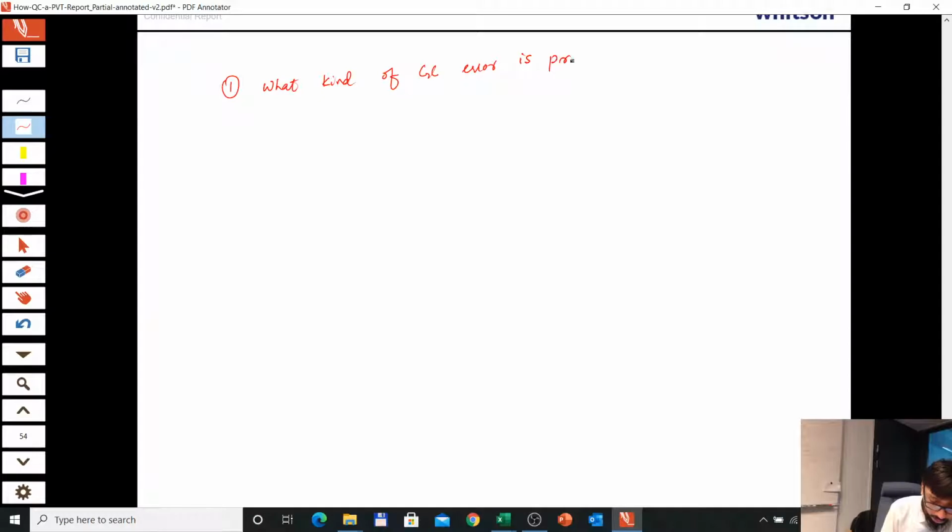That's one piece of information. And the second is what components are affected by the measurement error.